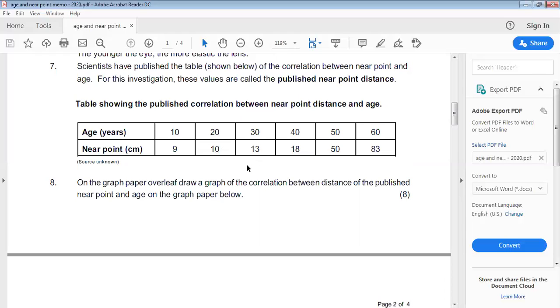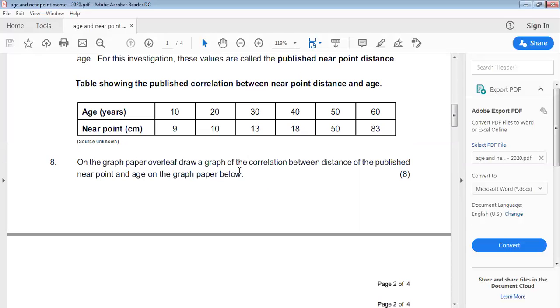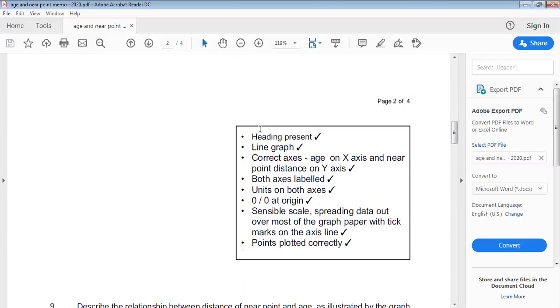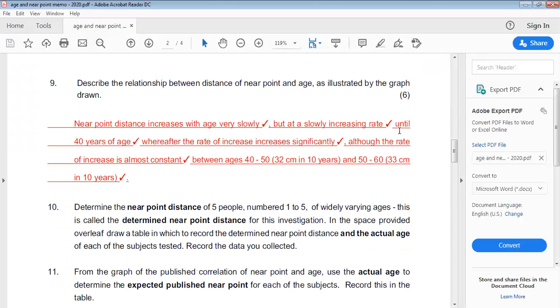So the slant is going up, but the increase in gradient is slow. Now you can only say slow because there's a time aspect here. So the increase is slower until 40 years of age. And after 40 years of age, the rate of increase increases.